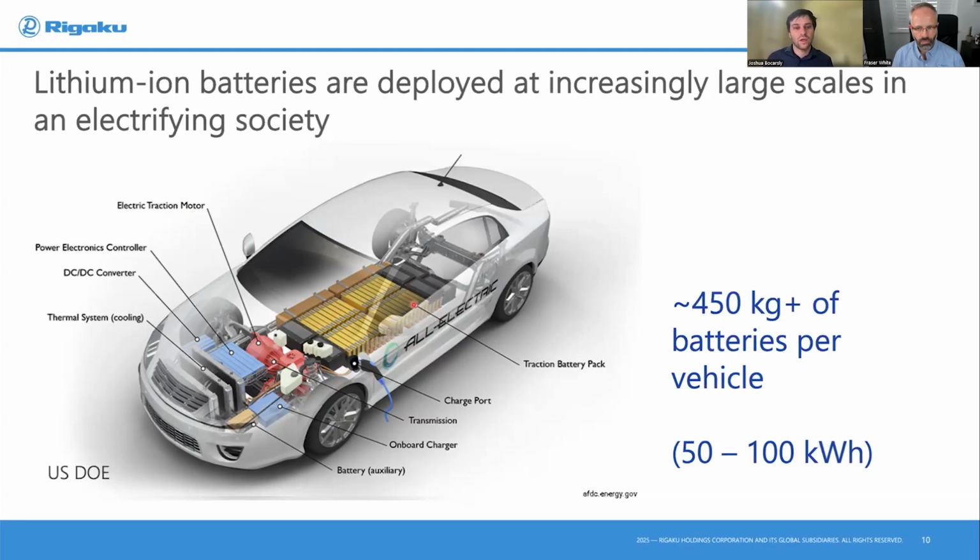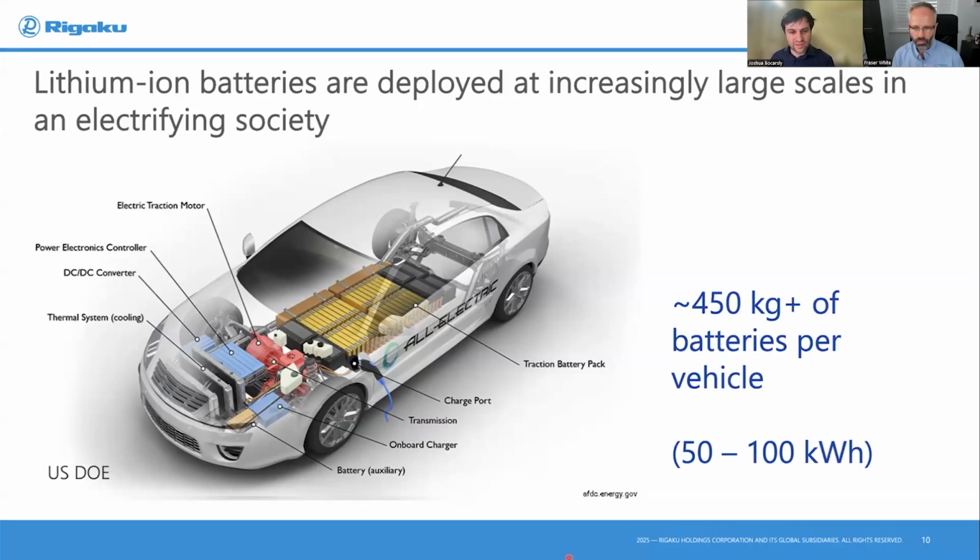So suddenly, when we talk about deploying a lot of electric vehicles around the world, we're talking about a large mass of batteries and a huge amount of resource use. For reference, the capacity of a typical electric vehicle is around 50 to 100 kilowatt hours of battery capacity. So keep that kind of 10 to the 2 kilowatt hours in mind.